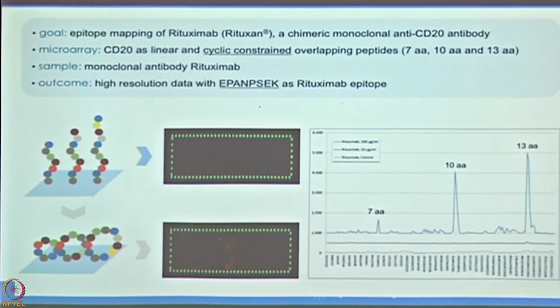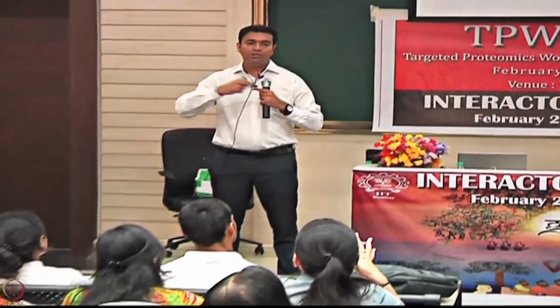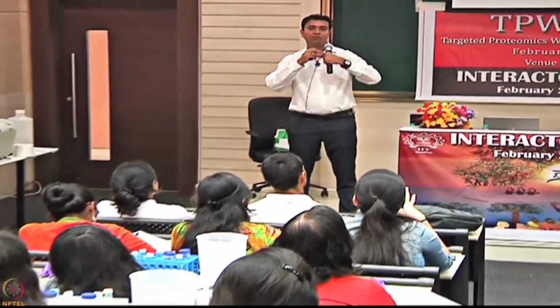Because they make the conformation that way where the antibody is going to bind, right? So this is another way. If the protein has some conformation part, you can make the peptide for this one. Because linear is not going to work. Because if it is linear, the antibody is not going to bind. It's something conformational, right?